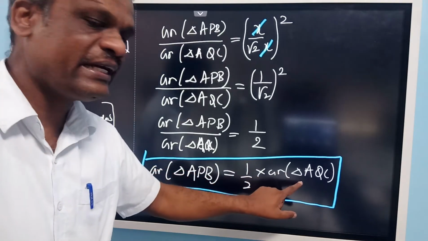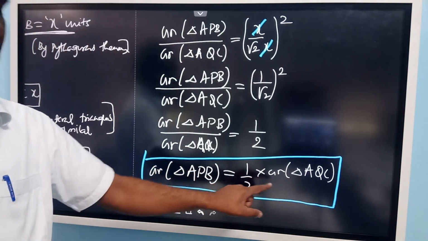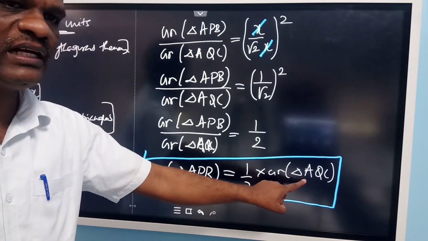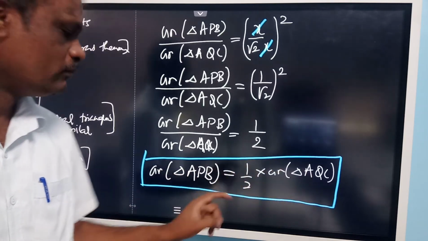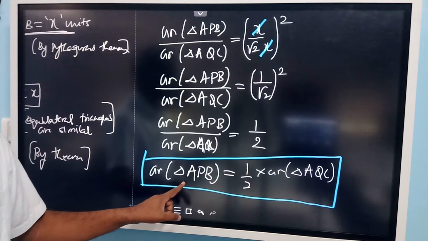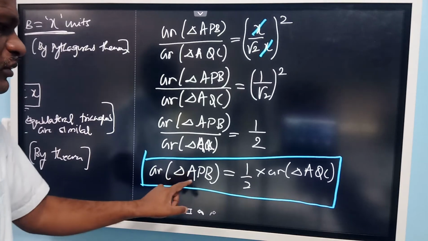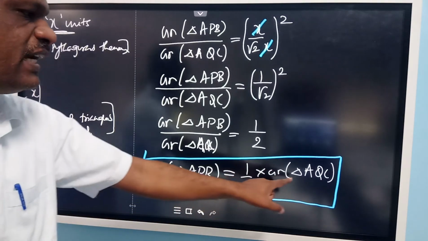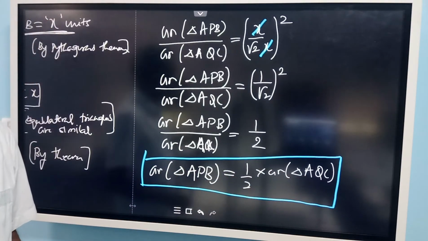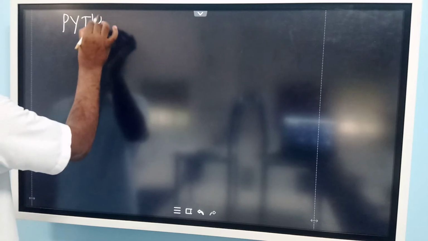This is the triangle on the diagonal of the square, the equilateral triangle described on AC. This is the triangle described on the side AB. So the triangle's area is half the area of the equilateral triangle AQC. Now in the lower classes you have studied this Pythagoras theorem.